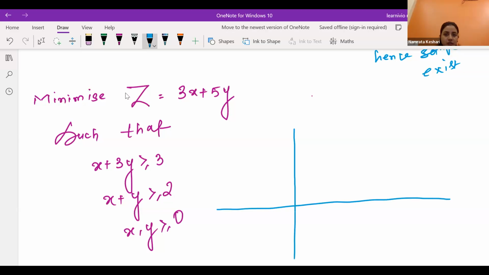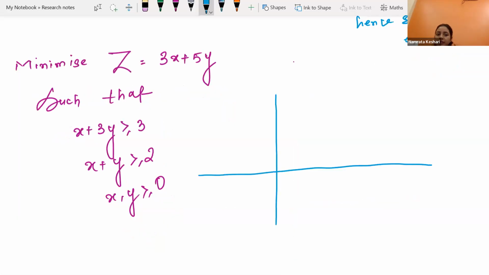So x plus 3y, when x is 0, let me try to open it. When x is 0, y is 1, right? Yes. And when y is 0, x is 3.